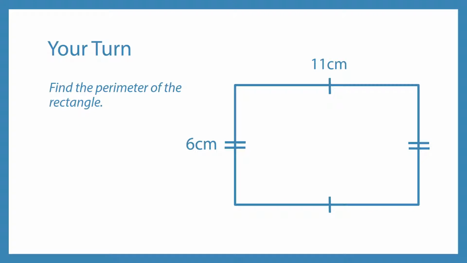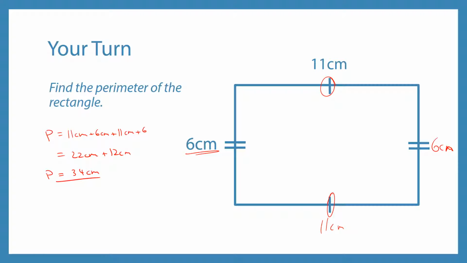All right, now it's your turn. Can you find the perimeter of this rectangle? Okay, so we can see that this side is the same length as this one, so that's 11 centimeters, and this one is the same here as the other. So we can get the perimeter equals 11 centimeters plus 6 plus 11 plus 6, which gives us 22 plus 12, which gives us 34.